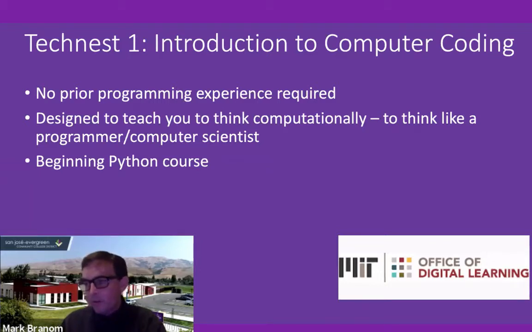But where 24C is focused specifically on the Python code and the Python syntax, my class is focused specifically on the thought processes that you need to utilize in order to write good code. And we use Python as our language.